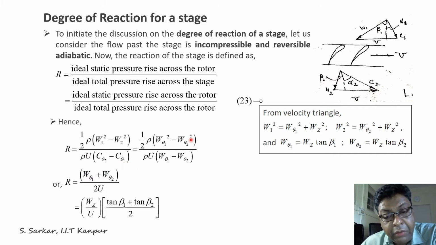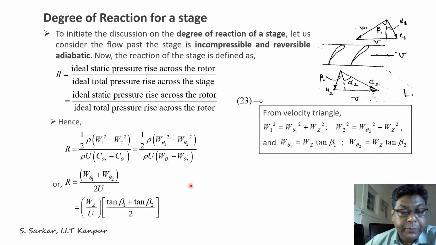Now, from velocity triangle, W1 square is equal to W theta 1 square plus Wz square. Similarly, I can write W2 square is equal to W theta 2 square plus Wz square. Put the value of W1 and W2 over here. And furthermore, c theta 2 minus c theta 1 can be written as W theta 1 minus W theta 2.